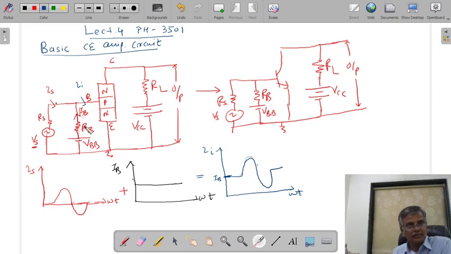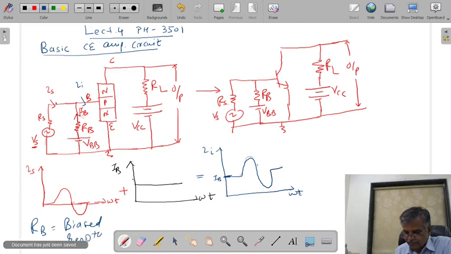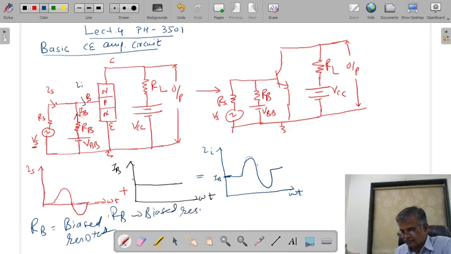So RB is called the bias resistor, which provides the necessary value of the base current to keep your operating point at the middle point of the load line.